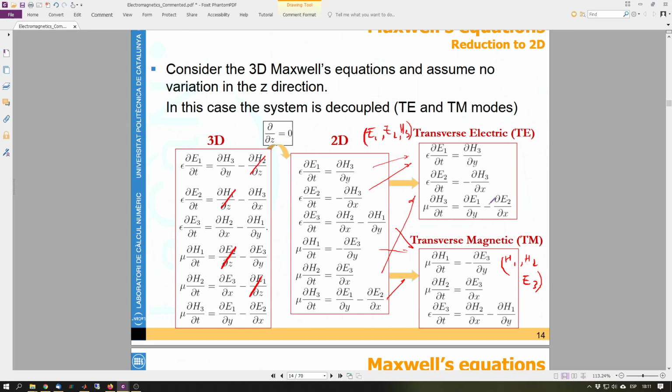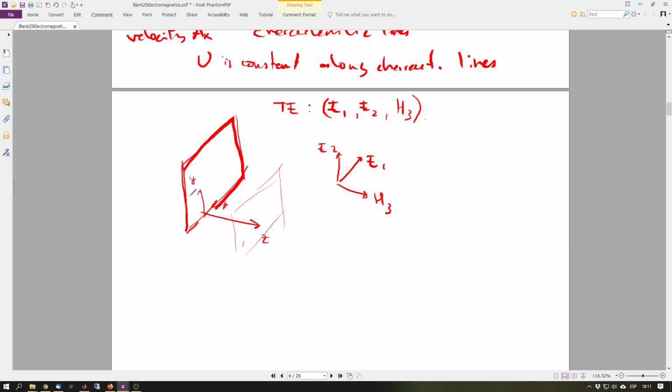So I have H3 with respect to time depends on E1 and E2 with respect to X and Y. So all of them change along time, none of them change along Z, but they vary along X and Y. And this is a set of equations similar to Maxwell's equations, but only defined on a plane without any variation along Z. So this is the transverse electric, and the transverse magnetic, where we have split this set only with H1, H2, and E3, which couples the first component of the magnetic field, the second component of the magnetic field, and the third component of the electric field.